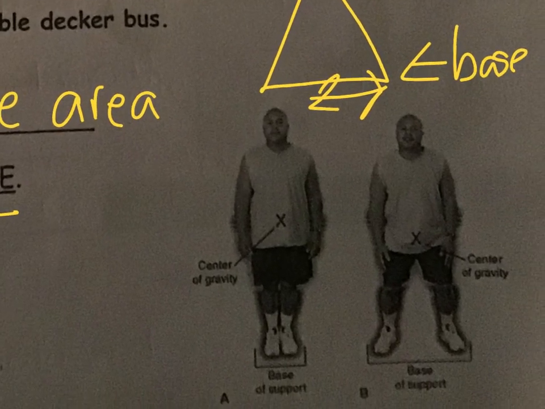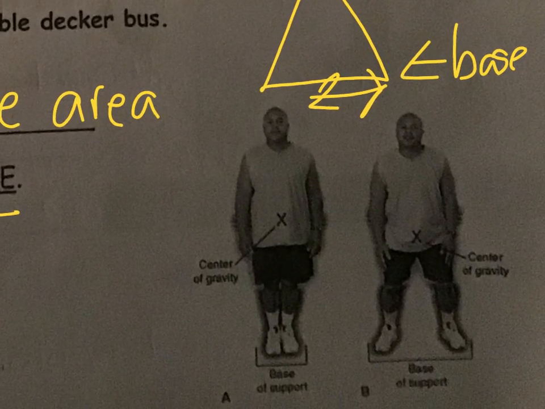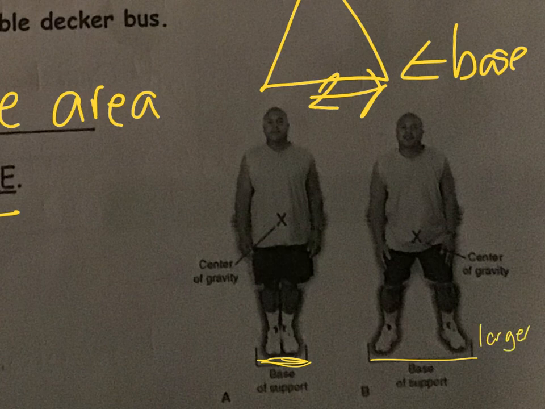Okay, so we'll just zoom in on this just to let you see that a bit clearer. So the base here is much narrower than this base. Okay, so by having a larger base, you lower the centre of gravity.